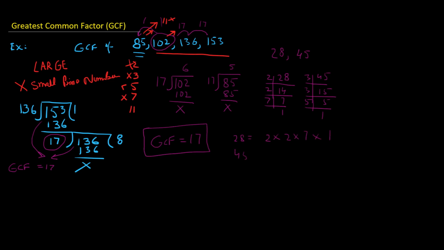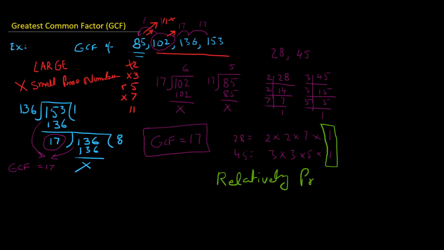And 45 is 3 into 3 into 5 into 1. So you can see that the only common factor between these two is 1. And 1 is common to any two numbers. So these types of numbers are called relatively prime.